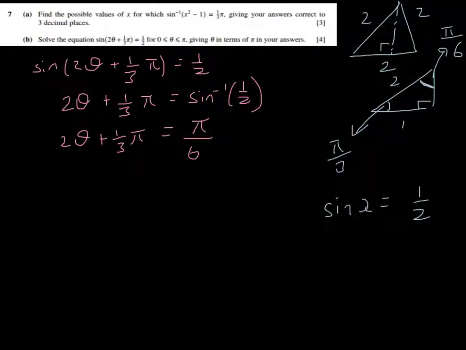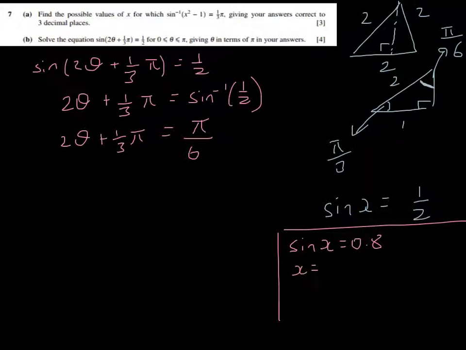Right, but we need to be a little bit careful, and I want to show you why. So normally when we solve equations, if I gave you an equation like sine x equals 0.8, when you solve that, yep, you'd take the inverse sine of 0.8, and let's say you're doing it in degrees, then the inverse sine of 0.8 is 53.1 degrees. But you would know that you have to find all the solutions.